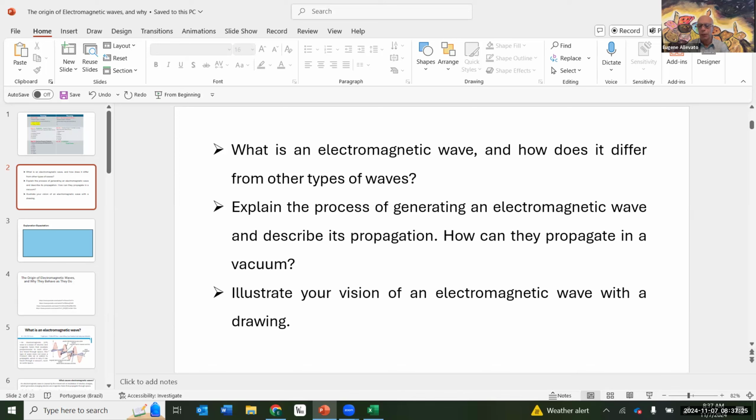It's very difficult to understand because in our world, all the waves we see go through a medium, right? They need a medium. Sound, for instance, would not be transmitted if it were not for the air molecules around us.